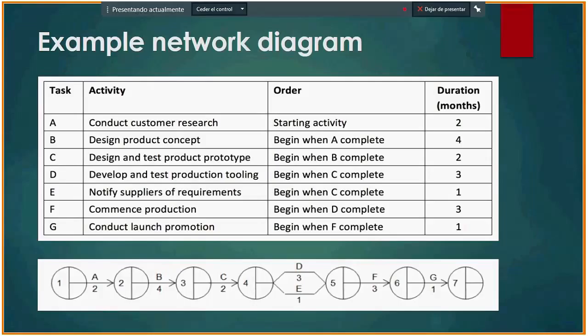Okay. In this slide, I explained a network diagram with an example.